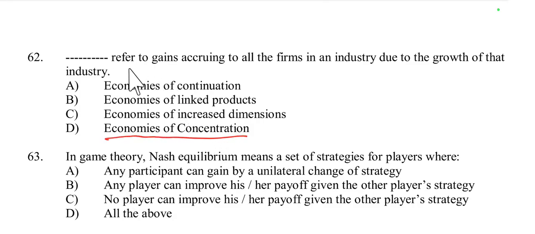How? Economies of concentration refers to gains accruing to all the firms in an industry due to the growth of that industry. So we concentrate on that particular industry, and from that industry we gain in other industries. So this is called economies of concentration.